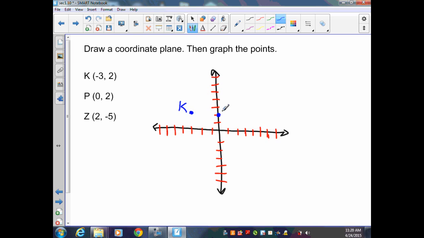That is point P. And finally, I have 2, -5. Over 2, down 1, 2, 3, 4, 5. And I'm over 2. Just to specify again, 1, 2, 3, 4, 5, and over 2. And that is point Z. So it's not as specific as if I had graph paper or a grid, but you can do it this way. And again, if you need graph paper, I can get that to you.